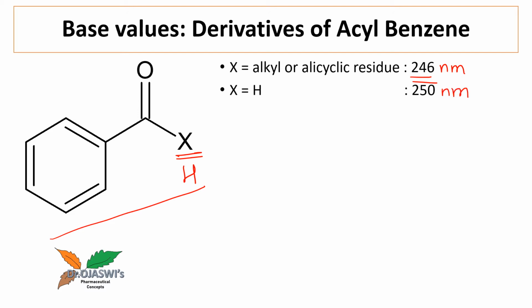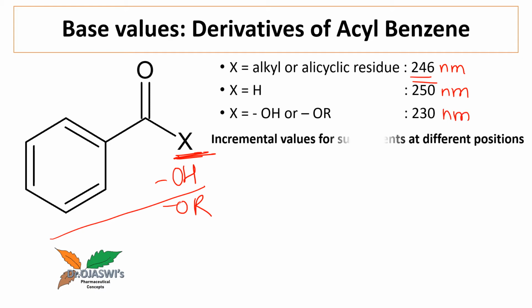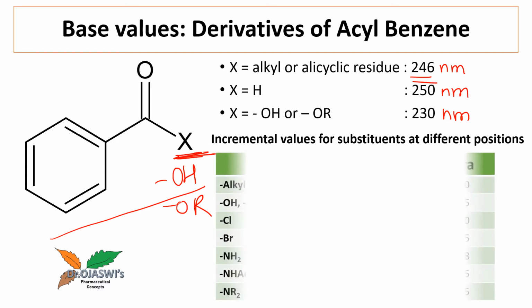In that case the compound becomes benzaldehyde, so the approximate lambda max for benzaldehyde is 250 nanometers. Next, instead of this X, if I have OH or any OR group, then the base value of the structure becomes 230 nanometers. And then the rest are incremental values as per the various substituents at different positions on the ring.